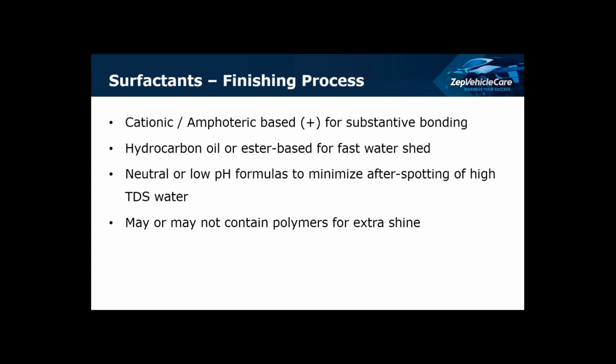It helps with the fast watershed with the hydrocarbon oils and things that are usually put into the formulation. These type formulas are usually neutral or low pH, so that you can counterbalance any potential spotting with hard or high TDS water if you don't have an RO unit.